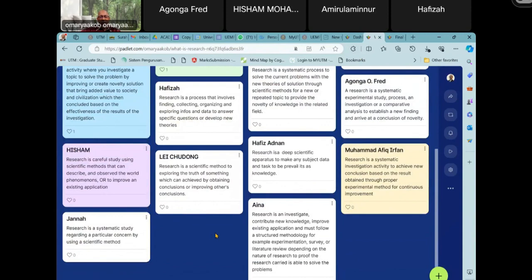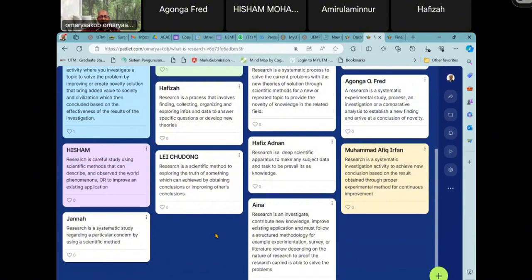Li Shudong, research is a scientific method to exploring the truth of something which can be achieved by obtaining conclusion and improving others' conclusion. Aina, research is an investigation, or maybe to investigate, contribute new knowledge, improve existing application, and must follow structured methodology, for example, experiential survey or literature review, depending on nature of research, to prove the research is able to solve the problem.